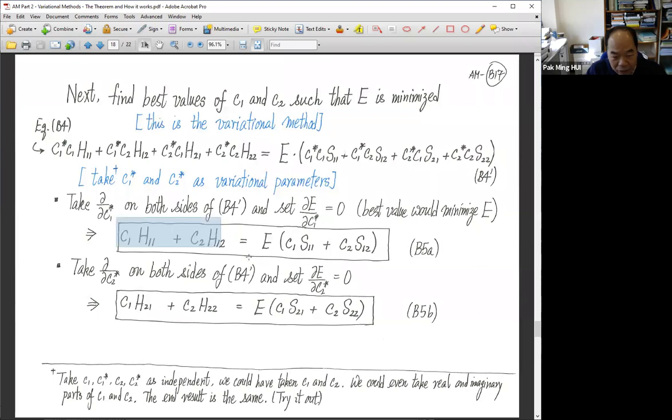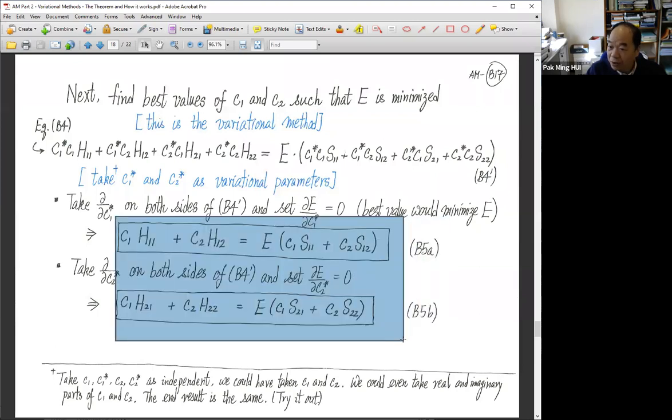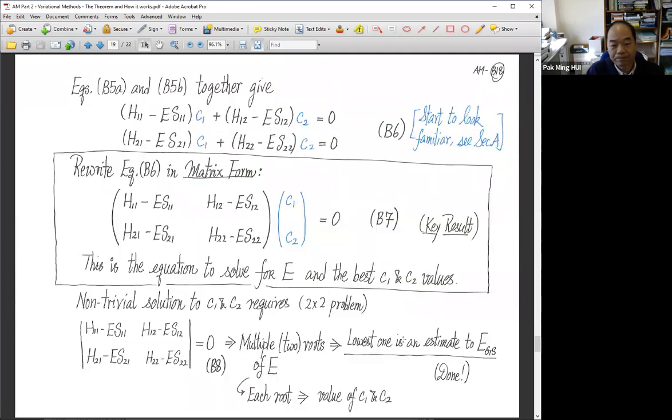Now, let's look at the resulting 2 sets of equations. You will see something very familiar. Let's try to write it out as the equations to look for the optimum C1, C2. So 2 equations for solving C1 and C2.